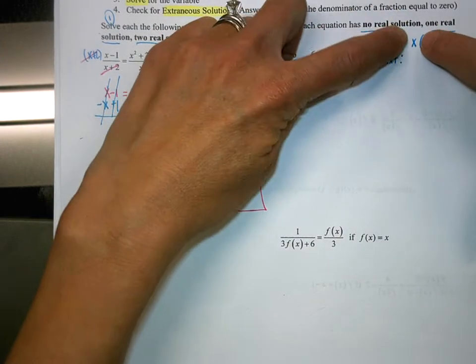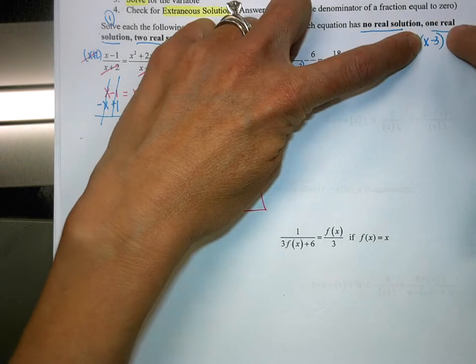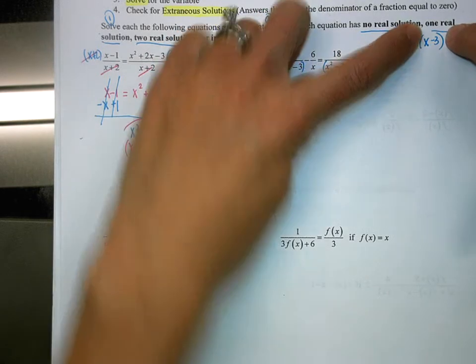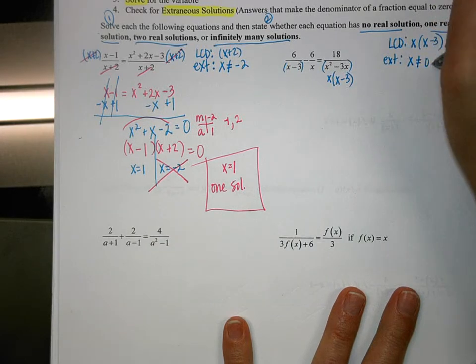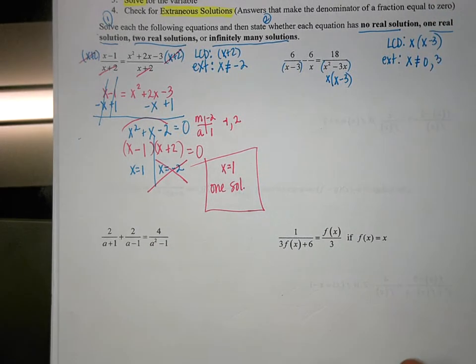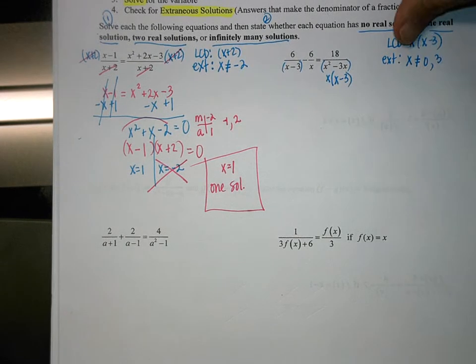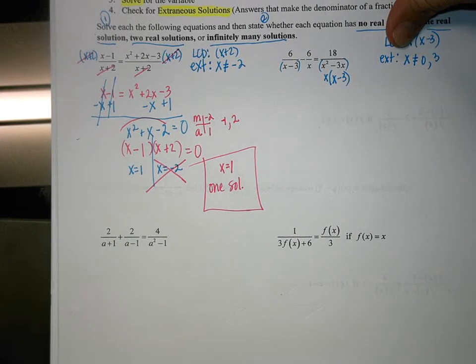So you're setting each of those factors equal to 0, which gives you your extraneous solutions. So therefore, x cannot equal 0 or positive 3. Because that would be your x equals 0, and that would be your x equals 3. Are we good there? Okay.